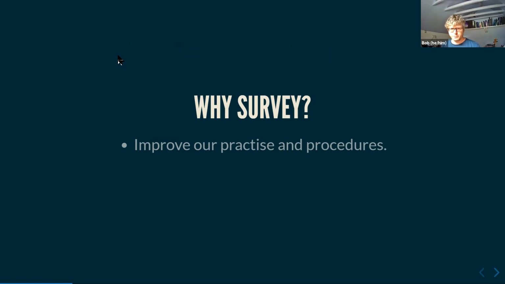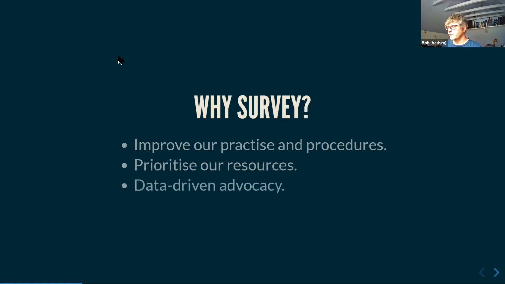So we want to be able to improve that and continuously improve that. Most of the work that we do as a team is what we call cost recovered. So we allocate proportions of our engineers' time to externally funded research projects, but we do have a little bit of resource that we can use more flexibly, and we want to be able to prioritize our resource use so we get the most out of that.